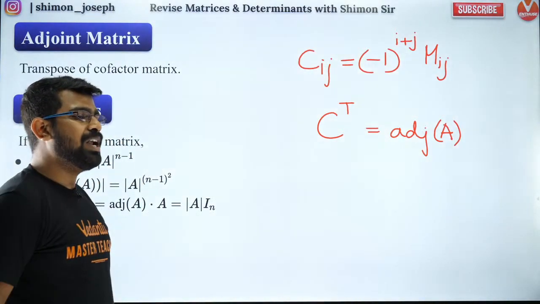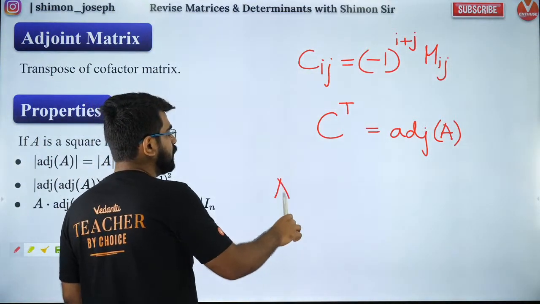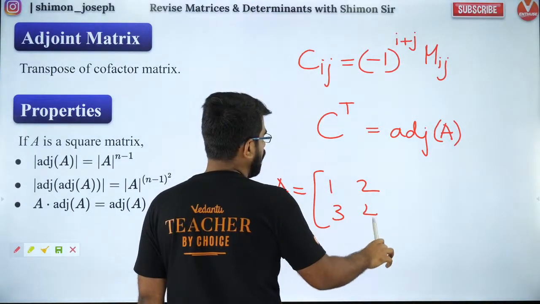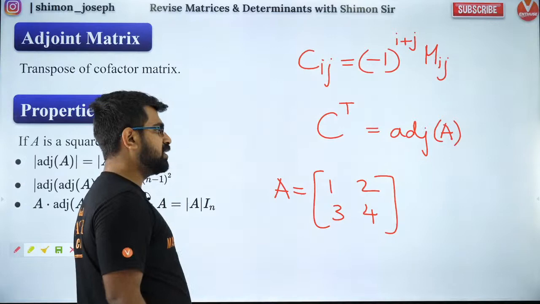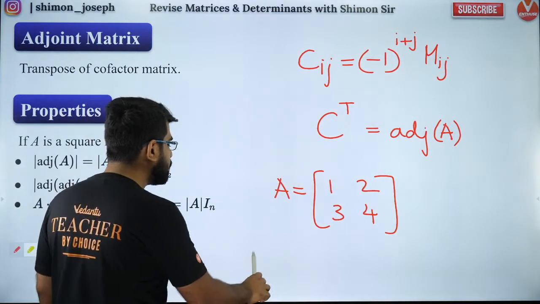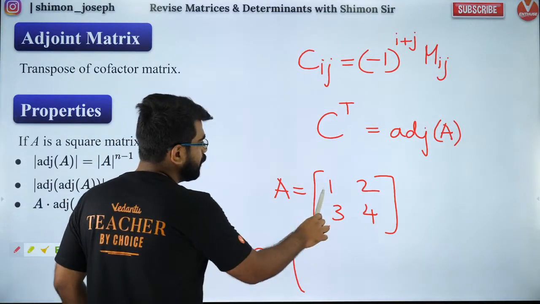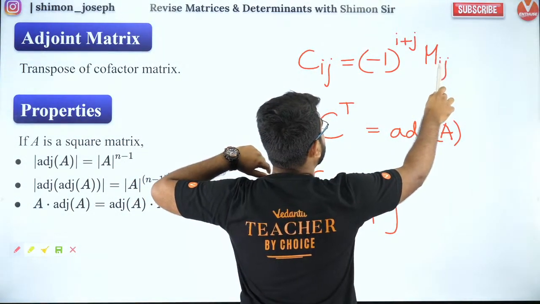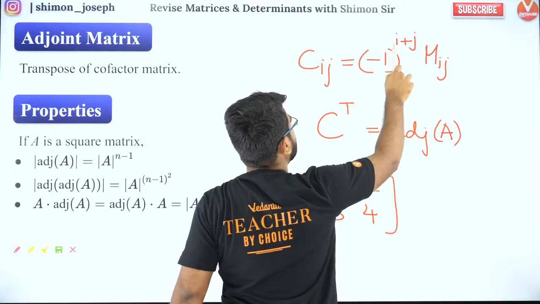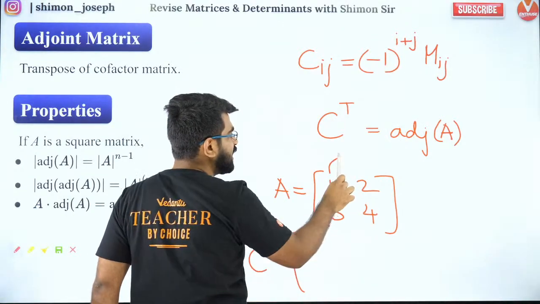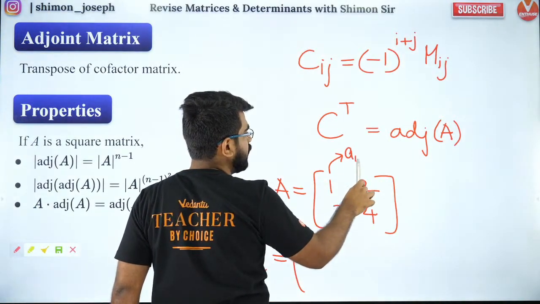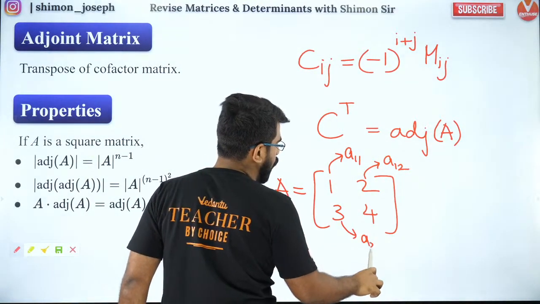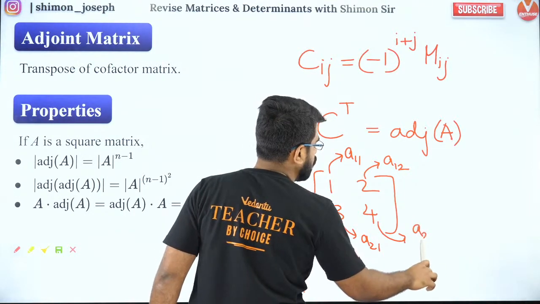Let's listen carefully. Let's say you have a matrix like this, 1, 2, 3, 4. How do you find the cofactor of this? For the first element, it is minor of first element into (-1) to the power 1 plus 1. This element is A11, this is A12, this is A21, this is A22.